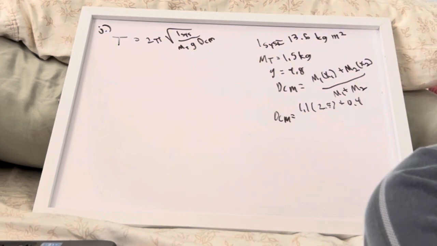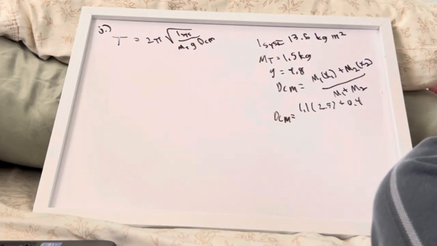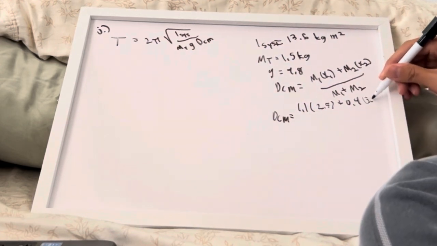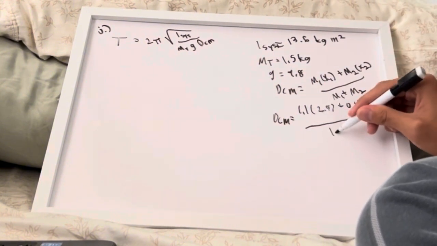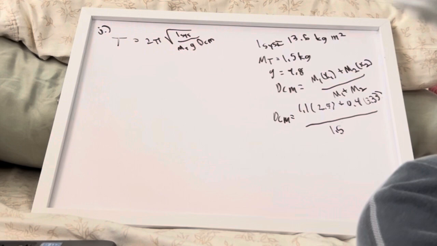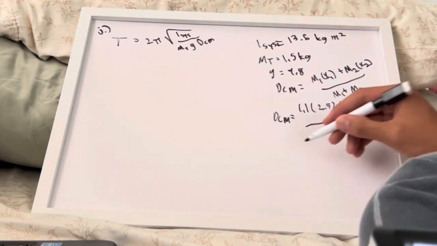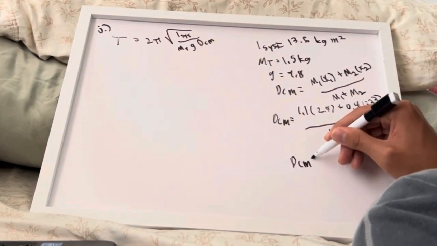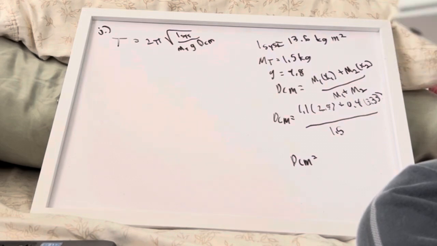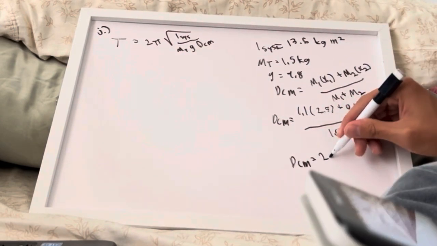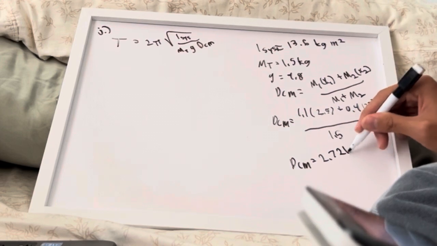It's going to go back to its original system, so it's going to be 2/3 L down, so that's 3.33, over the total mass, which is just 1.5. All the other units will cancel out so it's just in terms of meters. So let's give you 1.1 times 2.5 plus 0.4 times 3.33 over 1.5. And that's going to be 2.721 meters.